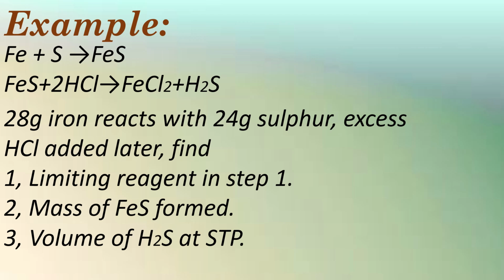According to the limiting reagent, the moles of product ferrous sulfide are calculated, and from the ferrous sulfide moles we will calculate the hydrogen sulfide moles, and then the volume of hydrogen sulfide at STP, which means standard temperature and pressure. Standard temperature is 273 Kelvin or 0 degree centigrade. Standard pressure is 1 atmosphere or 760 torr.